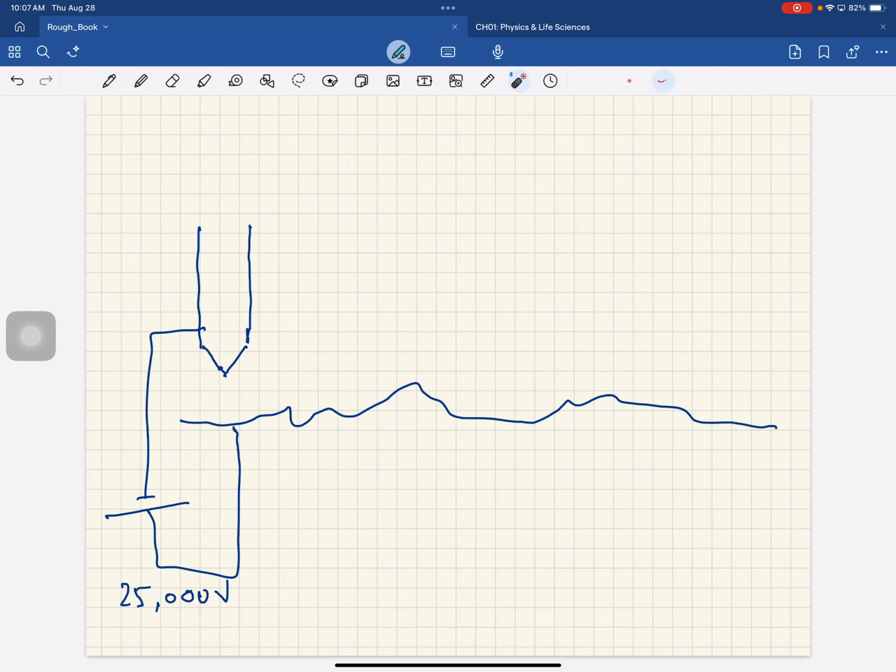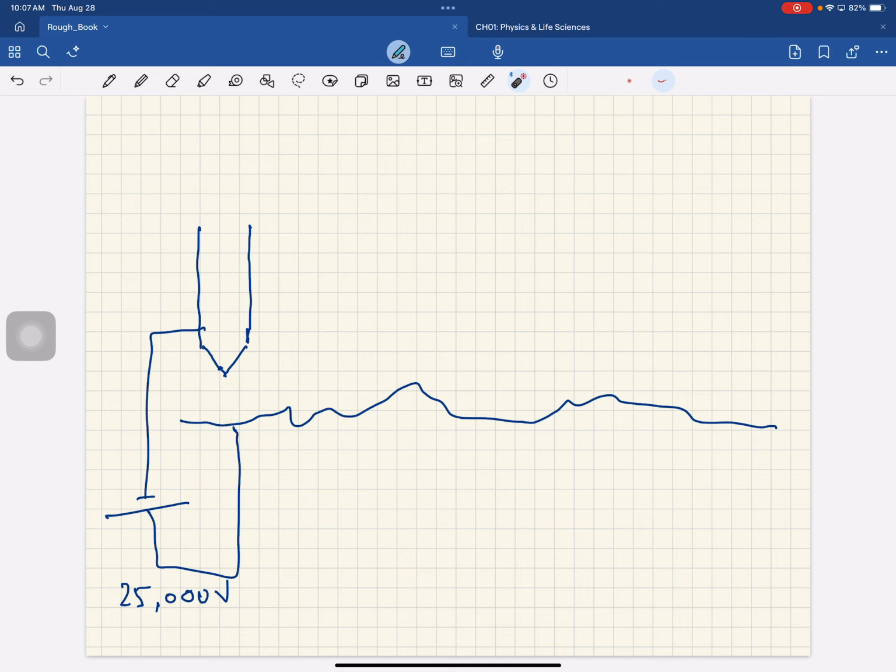So when you connect voltage like this, electrons will leak from here to there. Bigger the gap, fewer the electrons will leak.